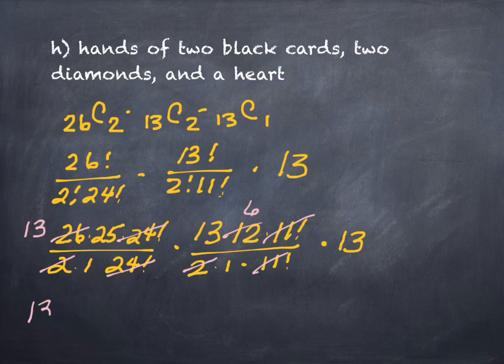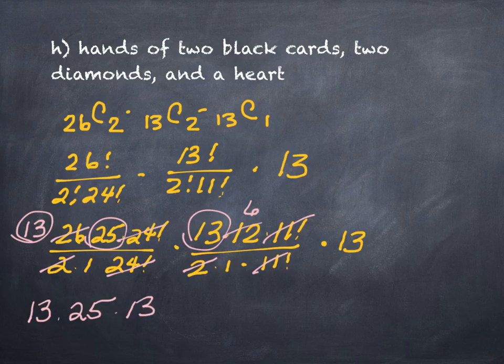All right, so what do I have left? I've got a 13 and a 25. I've got another 13 and a 6. And I've got another 13. What do I have? 25. I have bigger than 25 written down, but I may have an error.